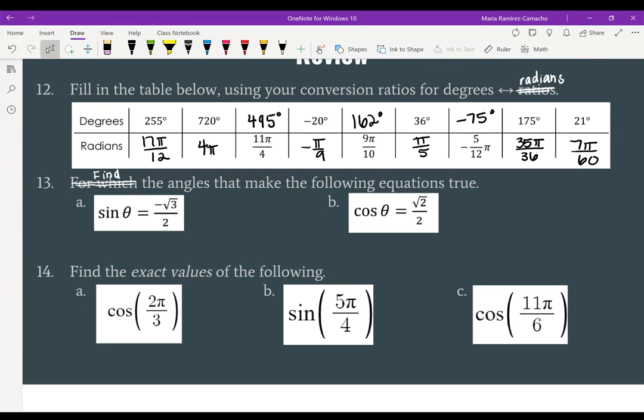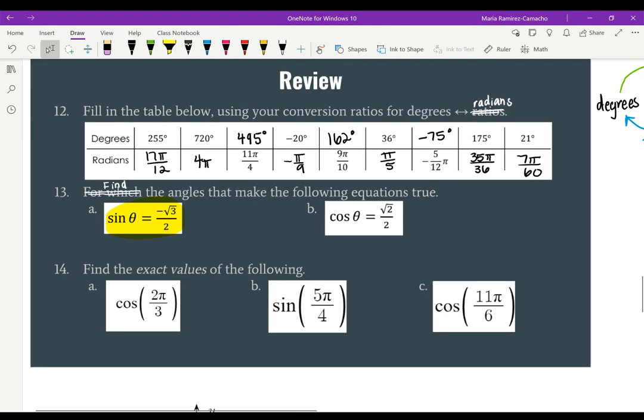Okay, next, number 13, find the angles that make the following equations true. So the sine of what angle or angles is equal to negative root 3 over 2? Let's look at our unit circle.